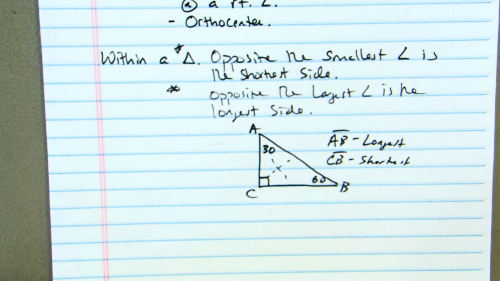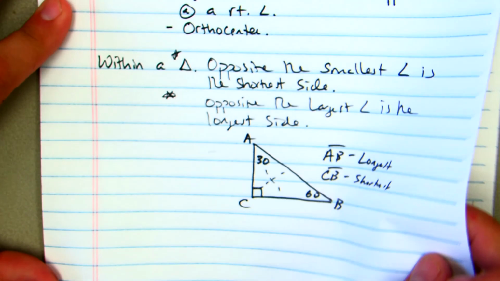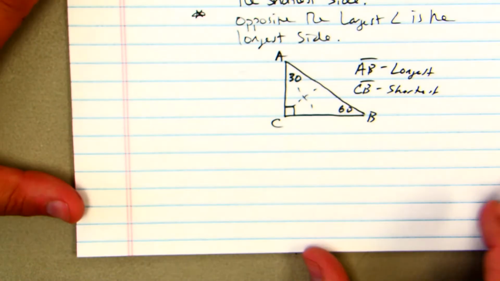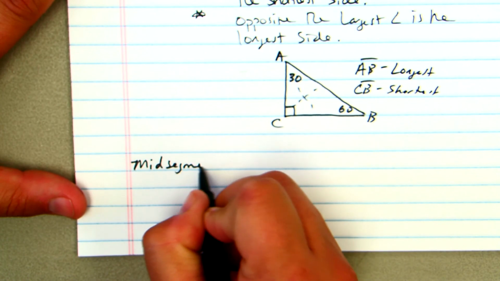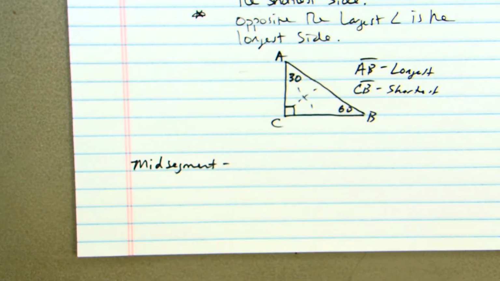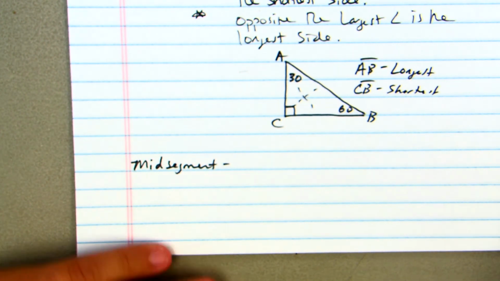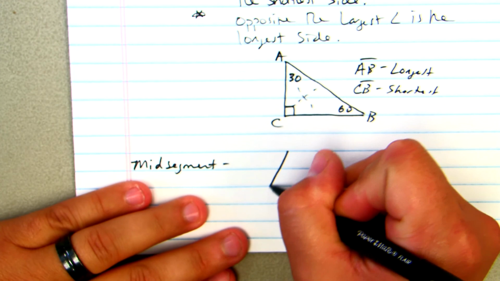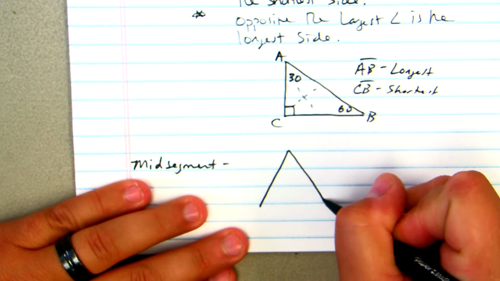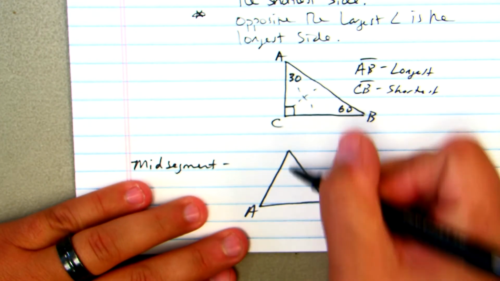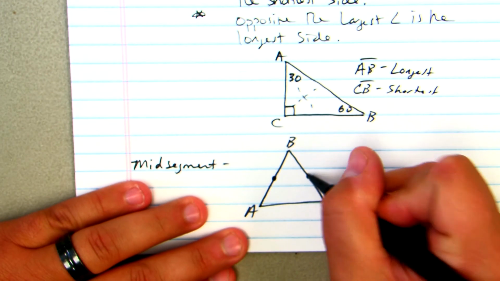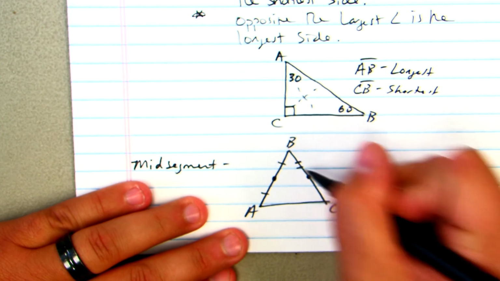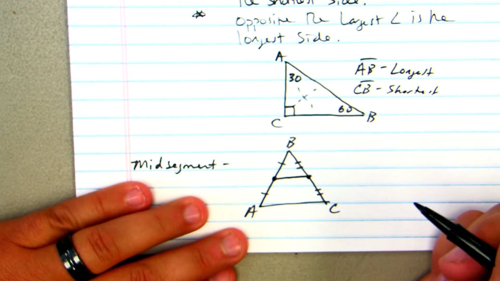Also from chapter 5, you need to know what a mid-segment is. A mid-segment is a segment that connects the two midpoints of the sides of a triangle. So here's a triangle. We're going to call it A, B, C. We're going to say these two are congruent. So here's my mid-segment.